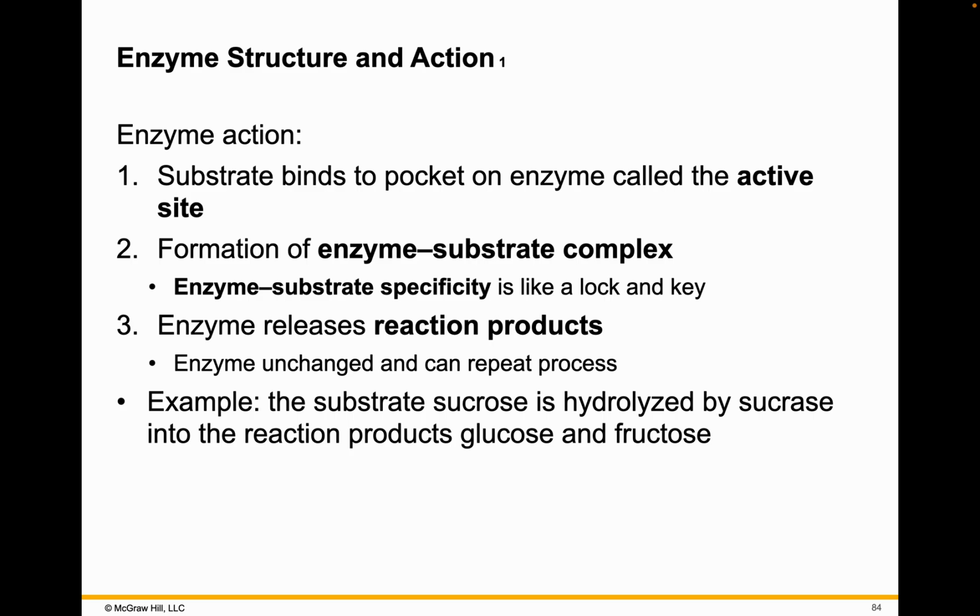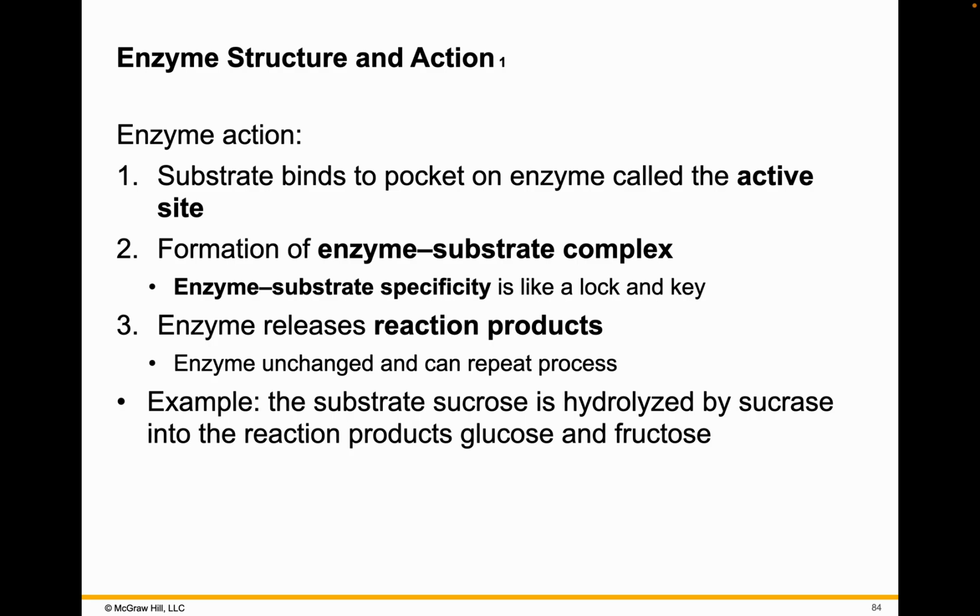So the first thing that has to happen is the substrate binds to a pocket on the enzyme called an active site. That formation of the enzyme-substrate complex is thought to be like a lock and key. The enzyme would then release the products. The enzyme remains unchanged.